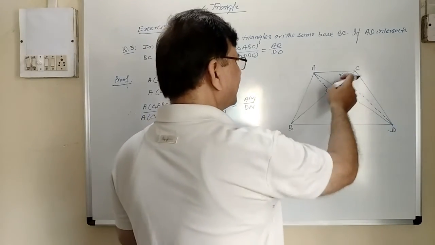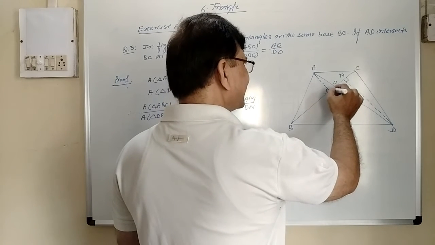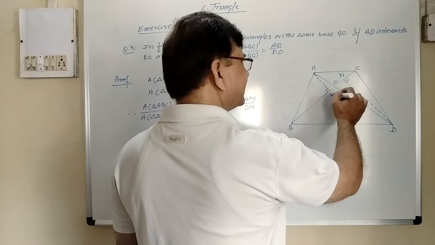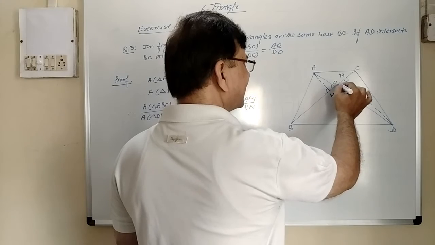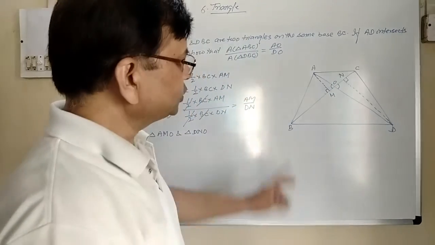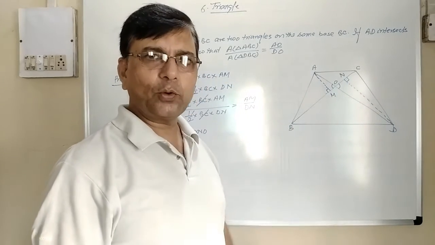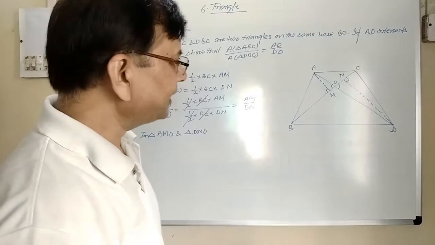Here this is 90 degree, this is also 90 degree, right? And this angle is equal to this angle, means vertically opposite angle. So two angles of two triangles are equal, means these two triangles are similar.